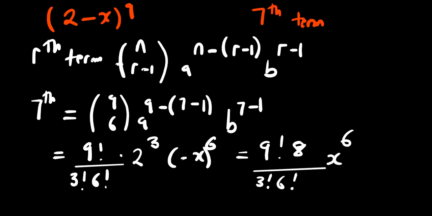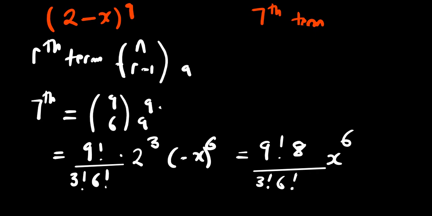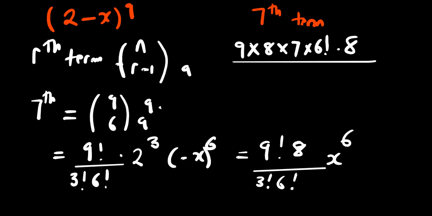Now when we solve what is on top, 9 factorial is just the same as 9 times 8 times 7 times 6 factorial. I end with the 6 factorial because we have 6 factorial down. Then you multiply this by an 8, everything over 3 factorial and a 6 factorial.